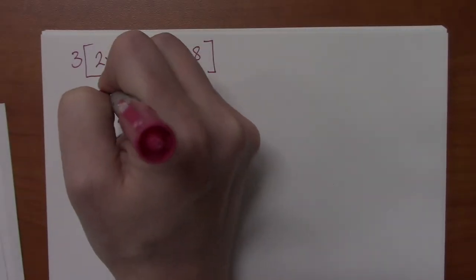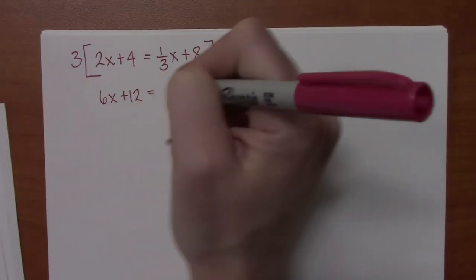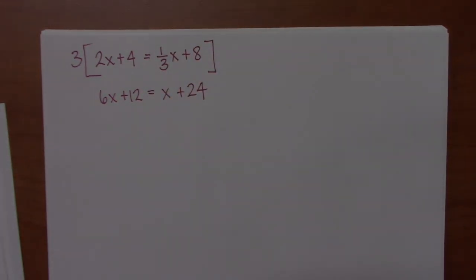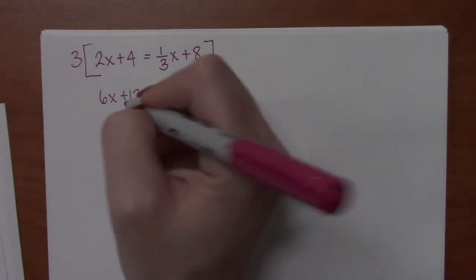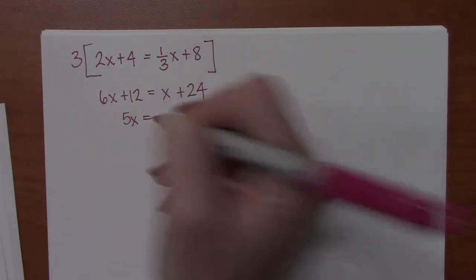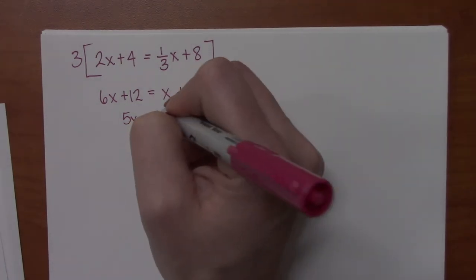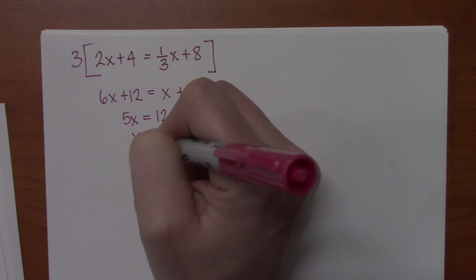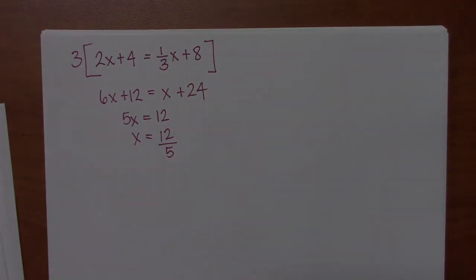Then 6x plus 12 equals x plus 24. So now I'm only dealing with whole numbers. I'll subtract an x from both sides and get 5x on the left, and subtract 12 from both sides and get 12 on the right. So x equals 12 over 5.